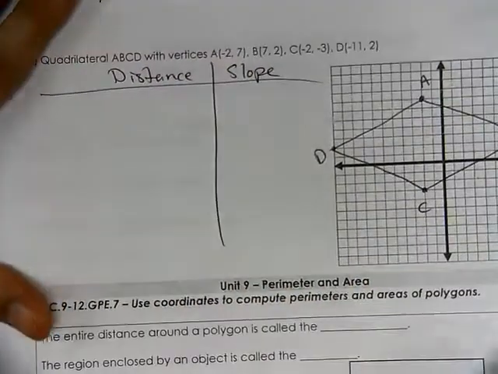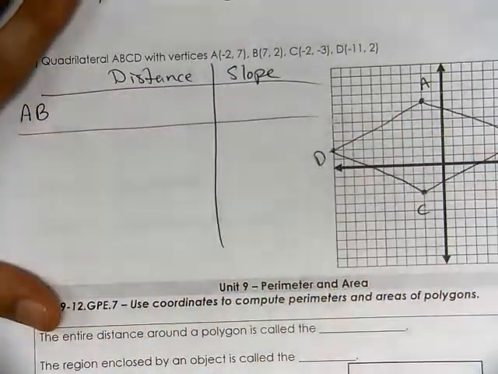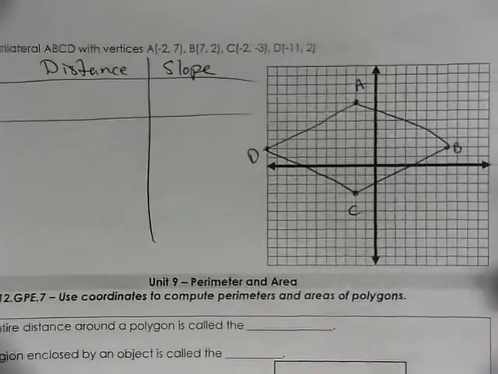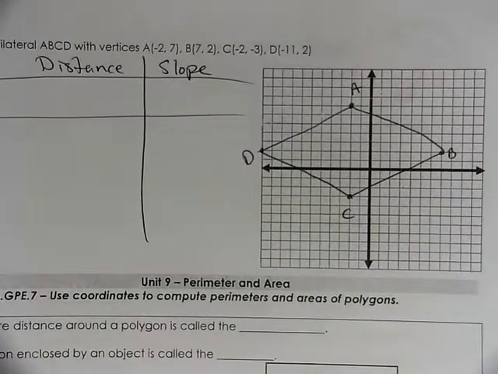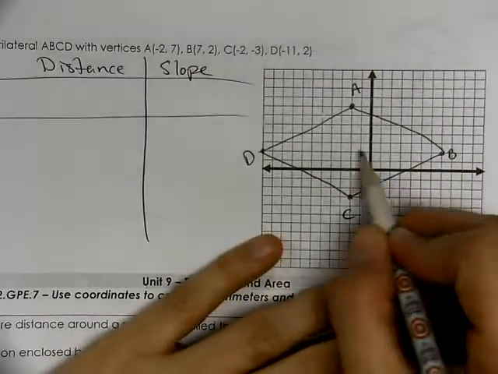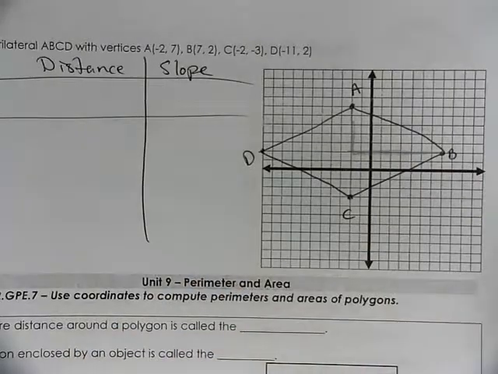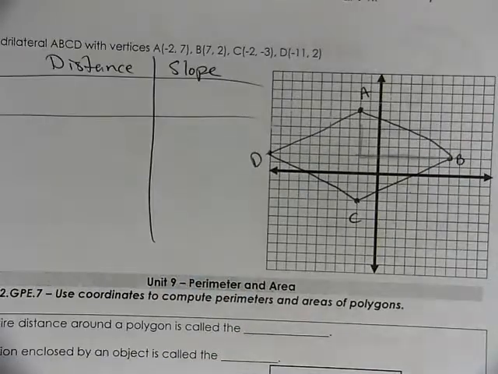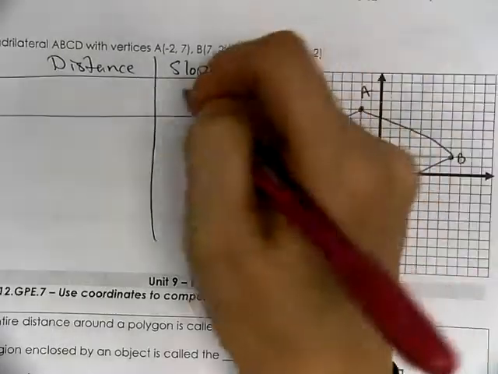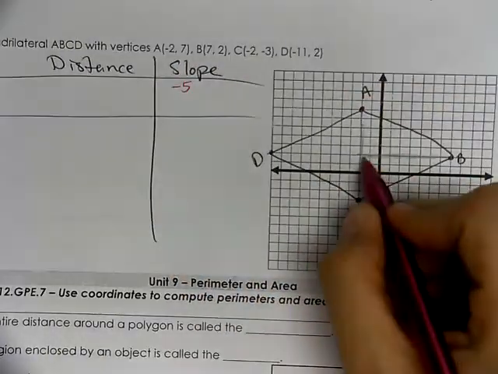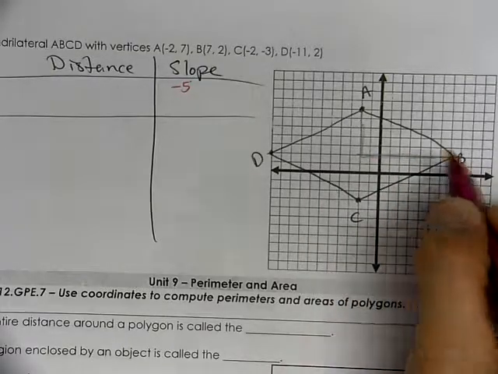So, distance and slope. So, start with AB. So, rise over run. Now, if you can't see the rise over the run, because it's too small, you can always make a little triangle with your pencil. And that sometimes helps. So, from A to B, I'm going down 1, 2, 3, 4, 5. So, that's negative 5. To the right 1, 2, 3, 4, 5, 6, 7, 8, 9.